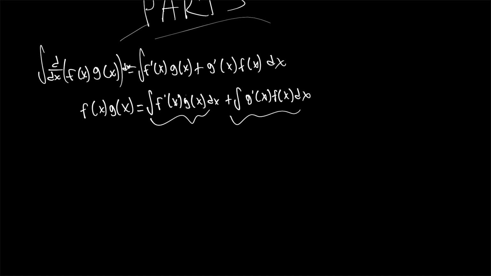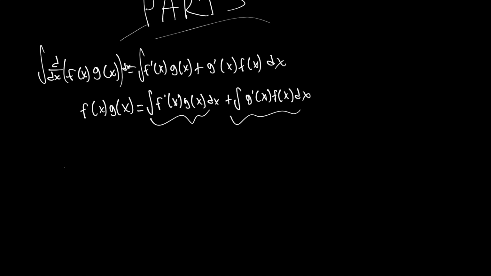G of x and f of x are still completely arbitrary at this point, so we could set them equal to anything theoretically. What we're going to do, we're going to subtract one of these integrals from this side of the equation such that we're solving for either the left or right integral that we have printed here.